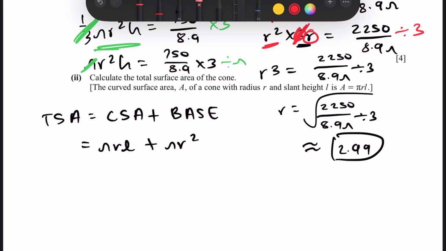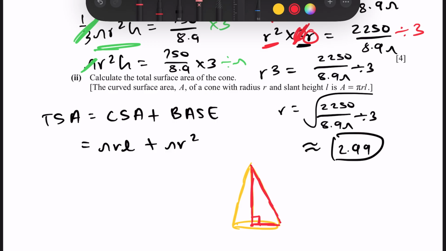And since we have pi, all we need to find is L. So if you imagine a cone like this, where this line is a vertical line that passes through the center of the cone, this means that if we draw a triangle that connects the center of the base with a point on the perimeter of the base, and the point where the vertical line from the center of the base reaches up and touches the tip of the cone, and we draw a third line over here, we get a Pythagorean triangle.